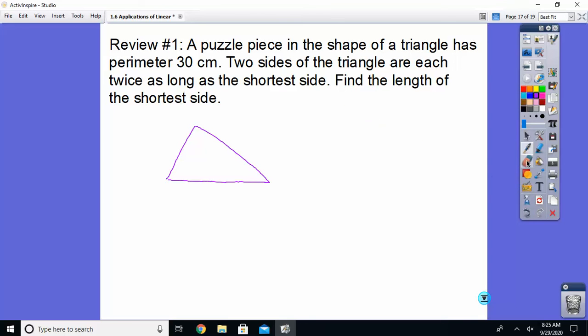I guess maybe my triangle isn't the best. You can't tell exactly which is my shortest side. It doesn't really matter. I'm not going to take off on your picture if it's not clear. If I do it like this, my shortest side is down here, so I'm going to call that X. The other 2 sides are the same, and they're both twice as long, so those would be?